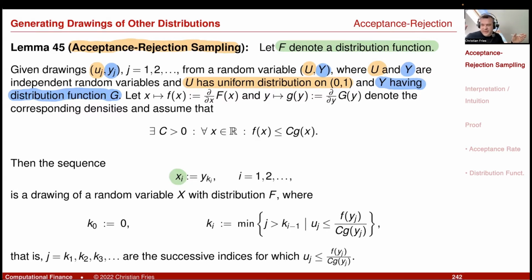Then you only have to generate a vector of two uniforms. The first one stays the U and the other one becomes the Y by the inversion. That could be a solution. So it's not a very complicated situation.